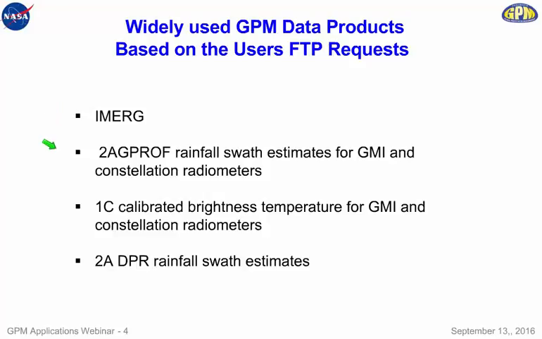Then GMI, which has a wider swath, as we saw earlier, has been used. So level 2 data, which are more popular, are from the microwave imager. And then brightness temperature and radar swath estimates are useful more for research. So for applications, we are going to focus more on IMERG.